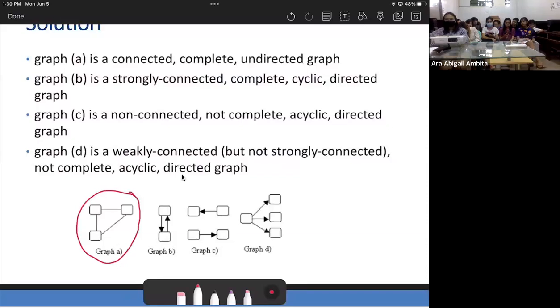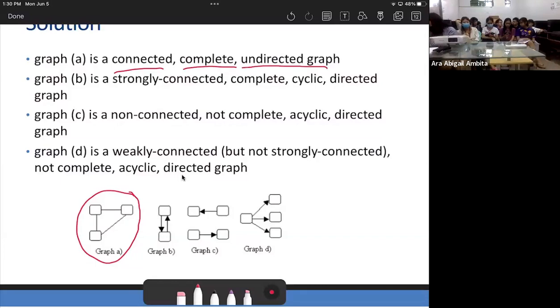Connected, yes. Right, so yung every vertex is connected to every other na vertex. Okay? At saka undirected na graph din siya.